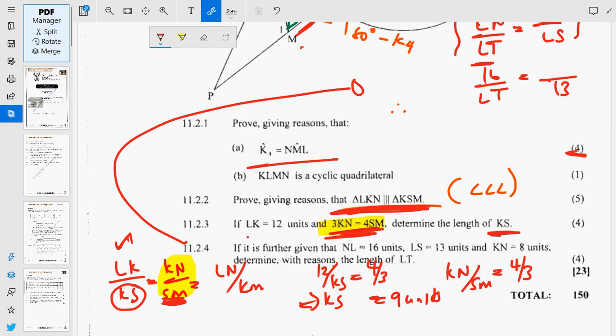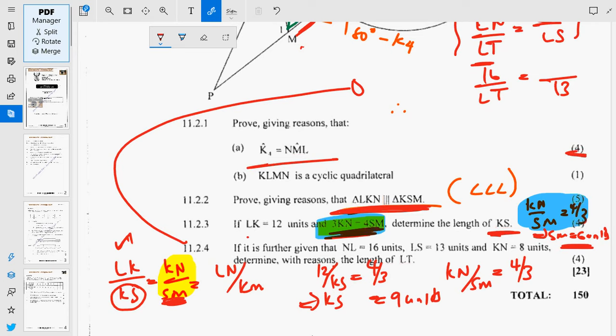So if you have KN, then that means you can find SM. Because KN over SM is equal to 4 over 3. So where am I getting that? From this statement here. So you have got KN, that means you can find SM. So SM will be 6 units.